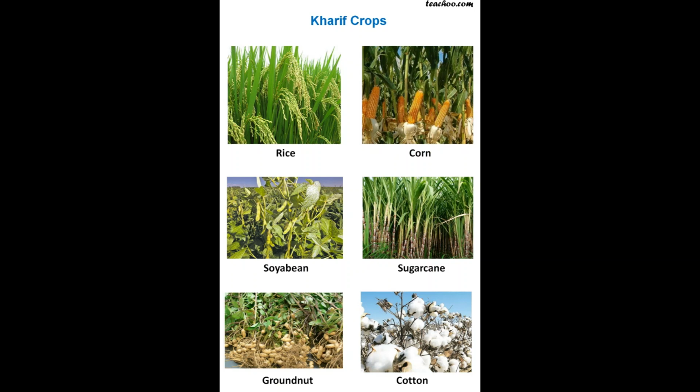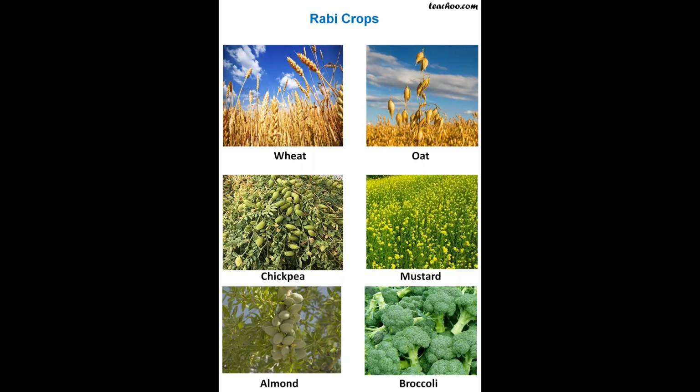For example, rice, maize, jowar, bajra, cotton, etc. And Rabi crops are those crops that are sown in winter, in November, and harvested roughly in April. For example, wheat, barley, gram, pea, etc.